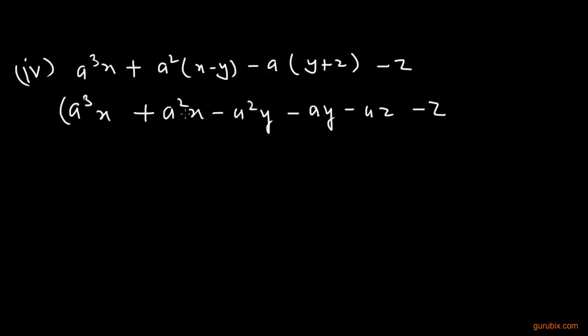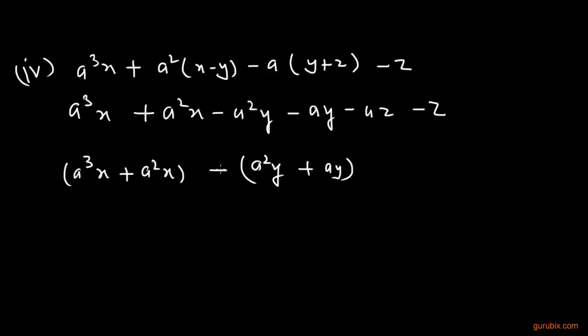Now we can group them like this: a cube x plus a square x, and here we can group these terms: a square y plus ay. When minus is outside of the bracket, then the sign inside the bracket is changed, and here is minus az plus z.